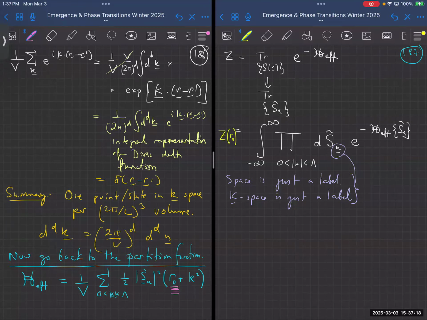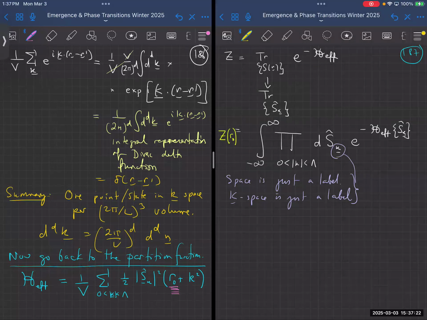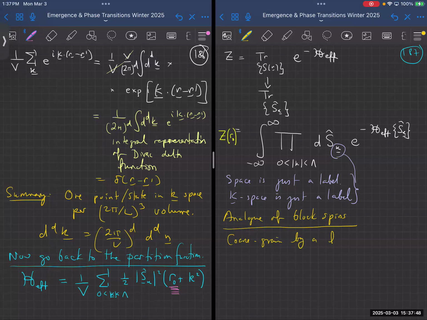So now let's talk about the analog of the block spin transformation. So what we're going to do is we're going to be coarse graining by a factor L, just like we were doing before.